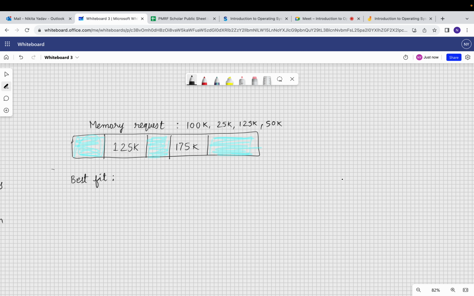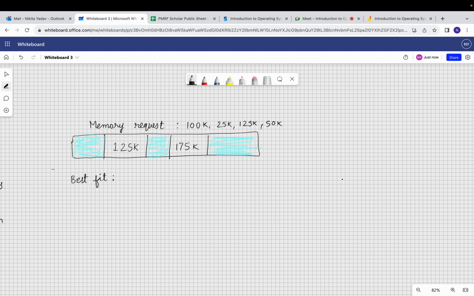When a memory request comes, look through all of the free memory chunks and allocate the smallest region which is equal to or greater than the size of the requested block. That is the best fit.